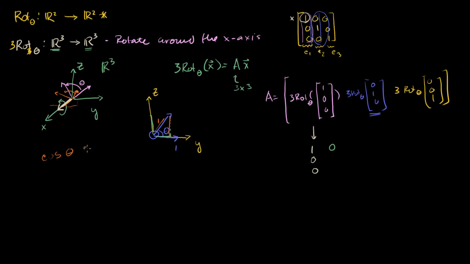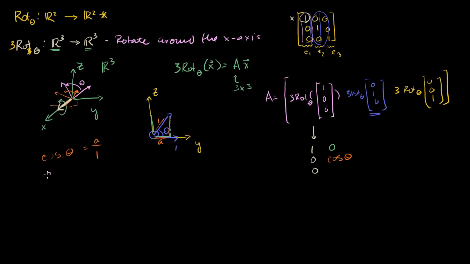So we know that the cosine of this angle is equal to the adjacent side over the hypotenuse. The adjacent side is this right here, and the hypotenuse is equal to 1. So this adjacent side, which is going to be our new second entry, is equal to cosine of theta, because you can just ignore the 1. And what's going to be its new z component?